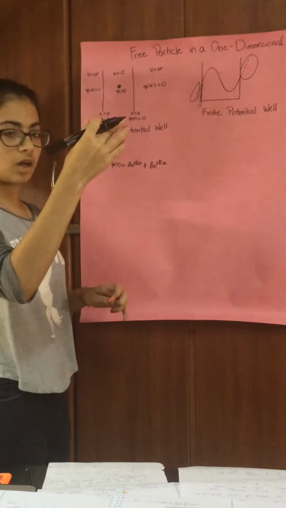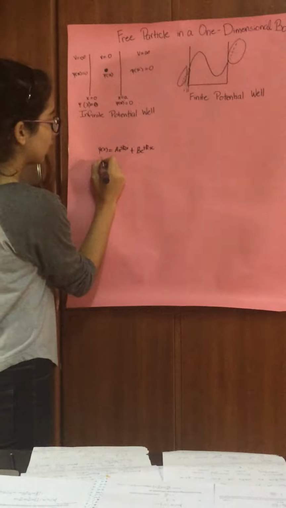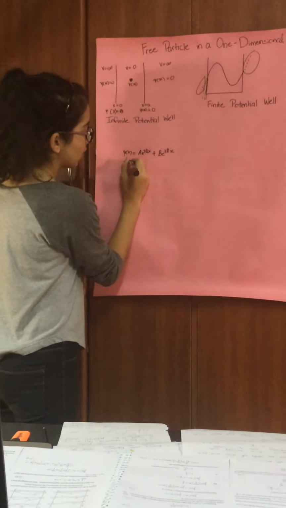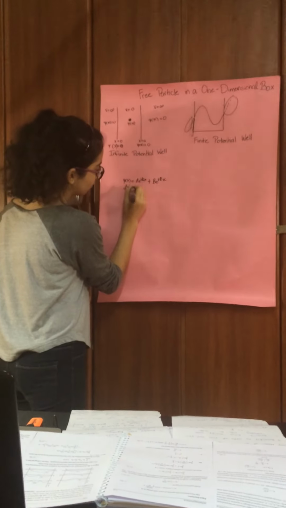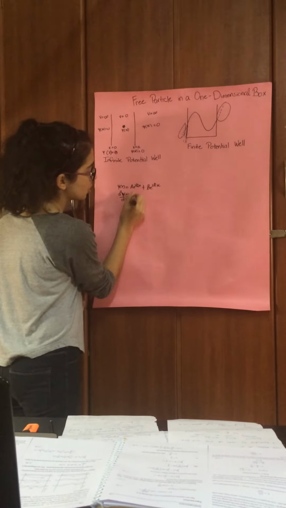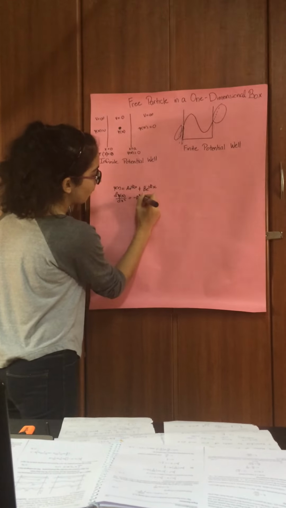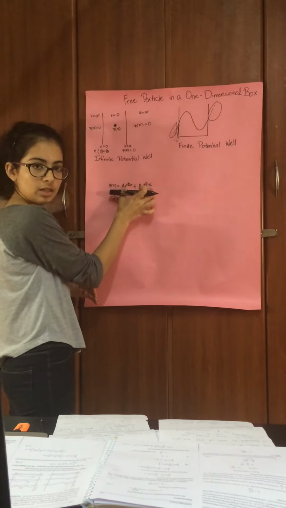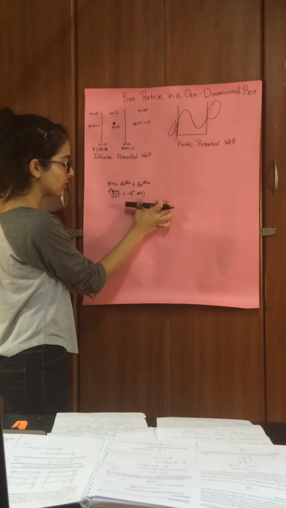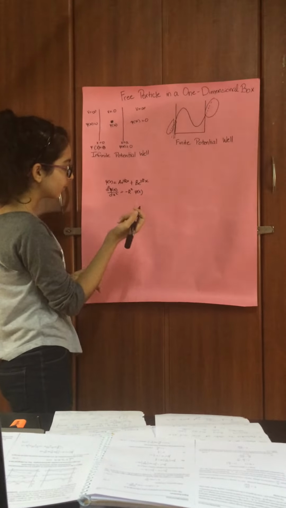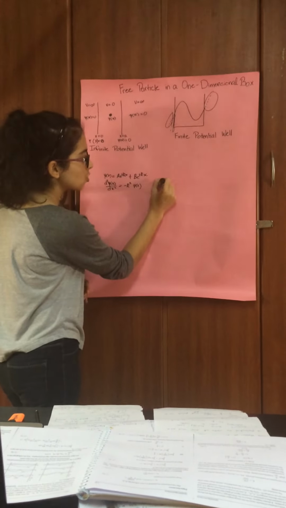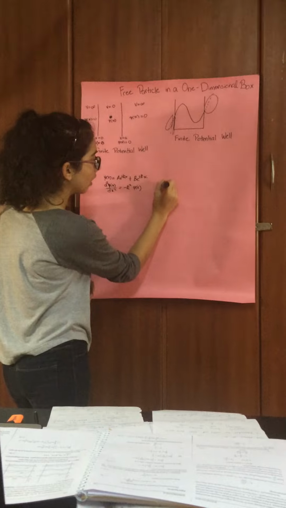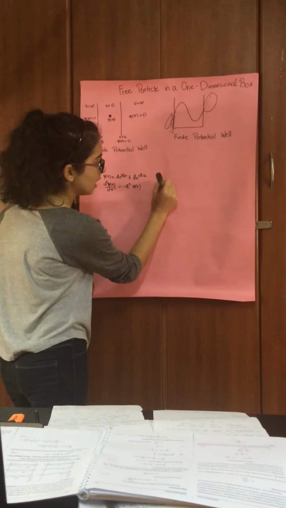So what we do is we double differentiate this, from where we get d squared phi by dx squared, which equals negative k squared phi of x, phi of x being this equation itself. And then we also know that k is equal to the square root of 2mE divided by h cross.